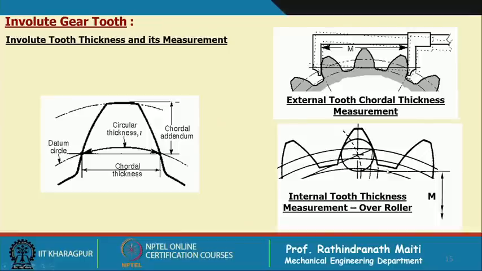If we know the equations for the thickness of the tooth at the tangent point, which can be geometrically calculated, then by measuring the distance between 2 pins on the opposite sides, we can calculate the thickness of the tooth at a particular radius. Okay.